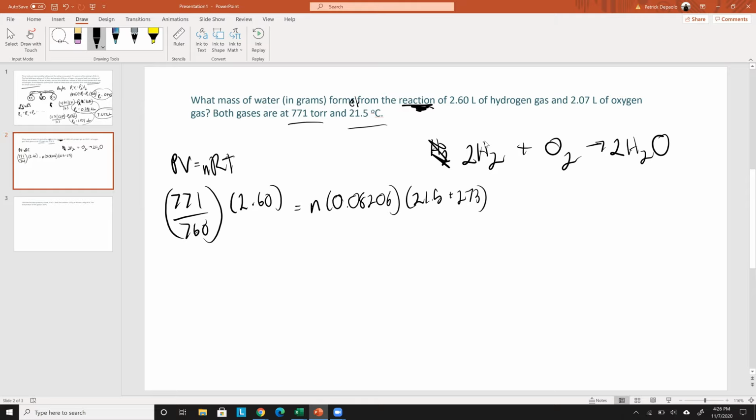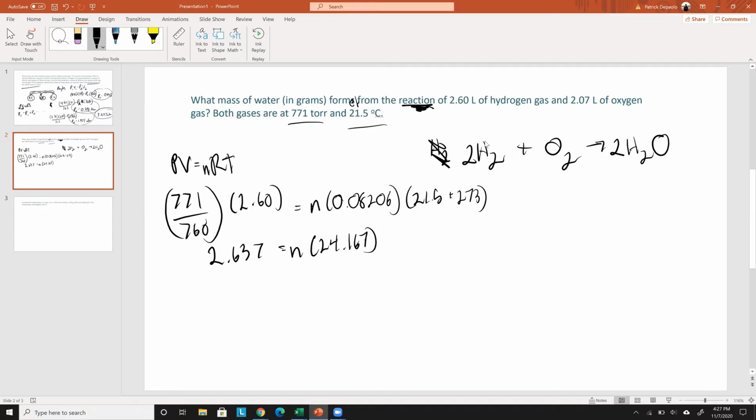Times 2.6. So on the left side here, you get 2.637 equals 21.5 plus 273 times 0.08206 equals N times 24.167, and you divide.